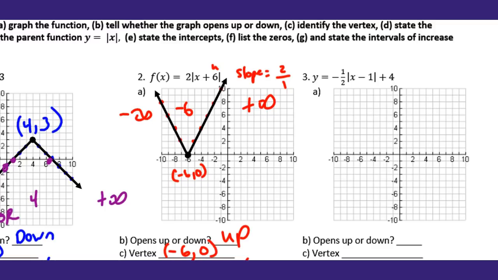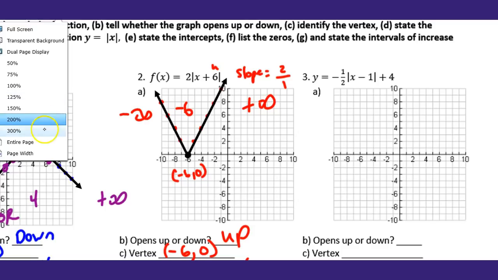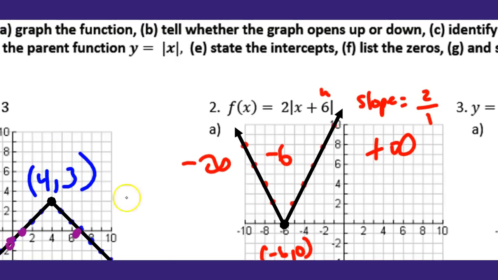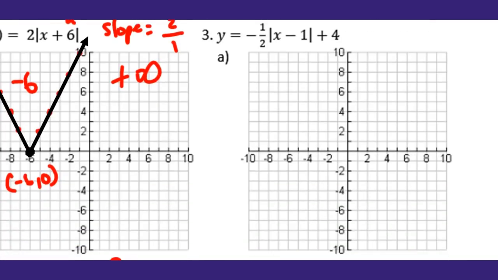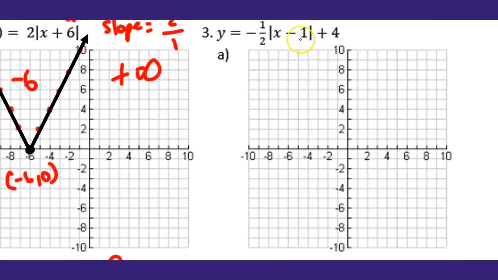So we got quite a few things going on with this one right here. Let me make it a little bigger. So my vertex is going to be right 1, up 4. So that's (1, 4).